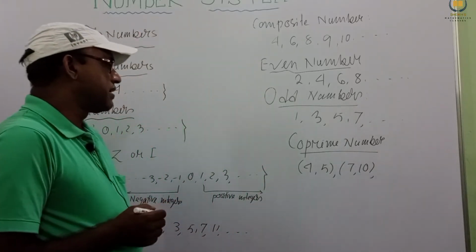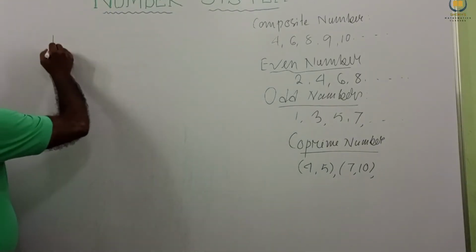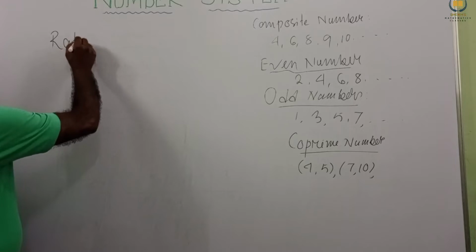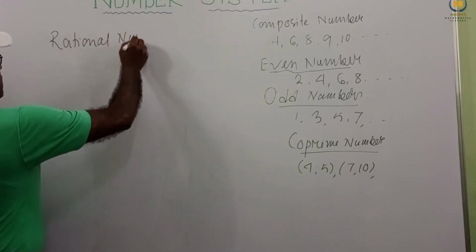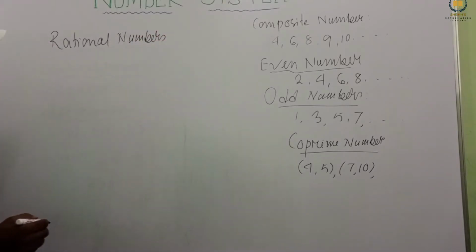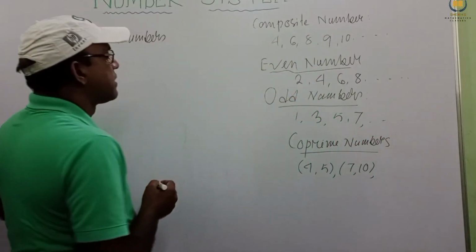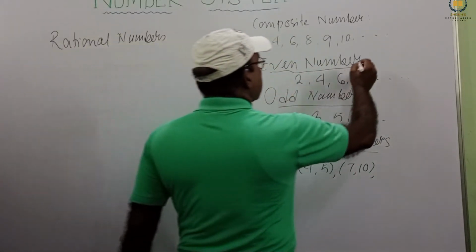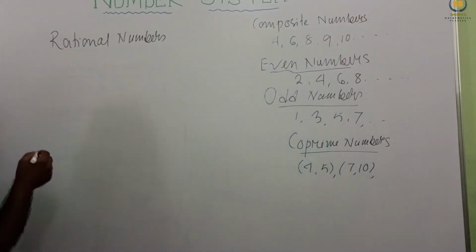So next we consider rational numbers. So co-prime numbers, even numbers, odd numbers, and now rational numbers.